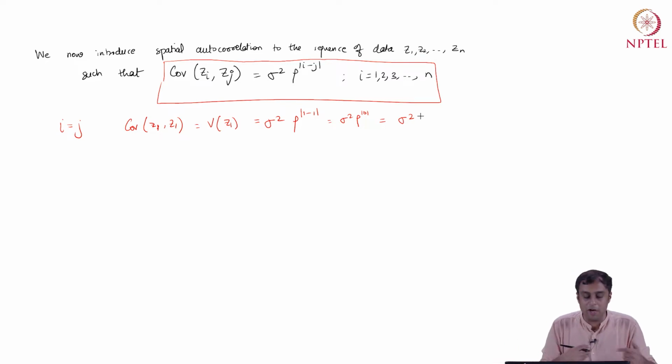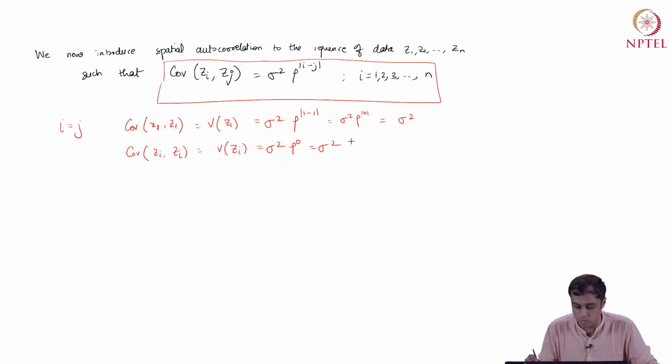And you can evaluate for any i where i is equal to j. So in general, I can say the variance of Zi is going to be sigma squared rho to the power 0, which is sigma squared, for all i from 1 to n.